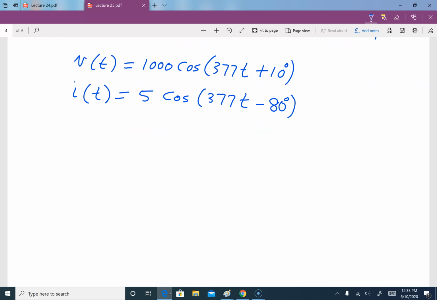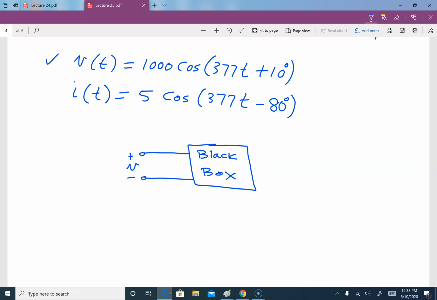What we mean by the black box is that I have a black box like this with two terminals. When I measure the voltage here, it gives me this sinusoidal waveform, and when I measure the current flowing over here, it gives me this value.